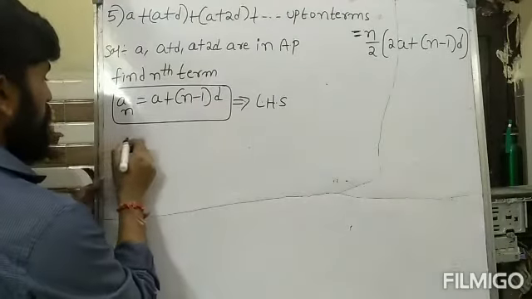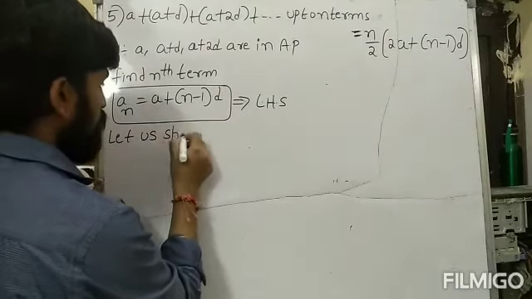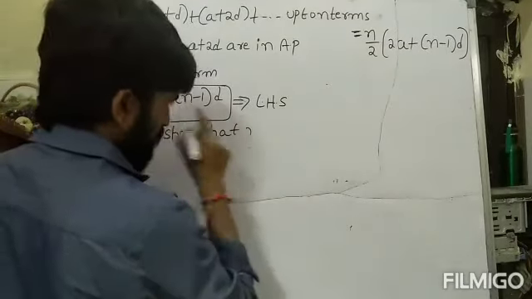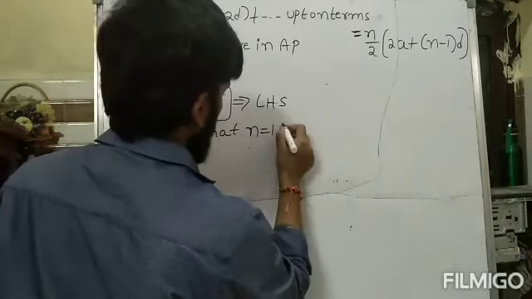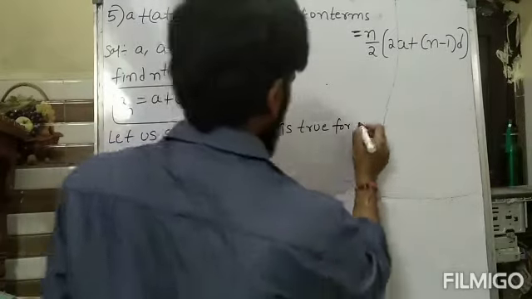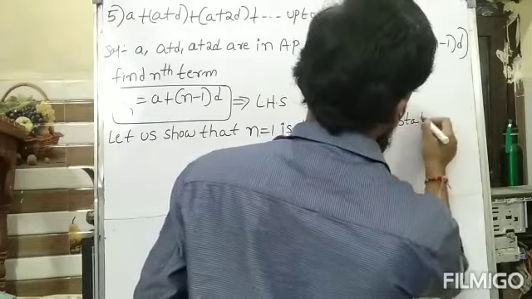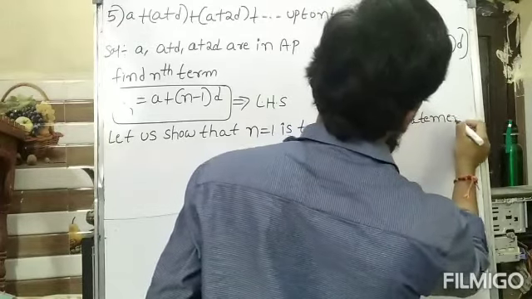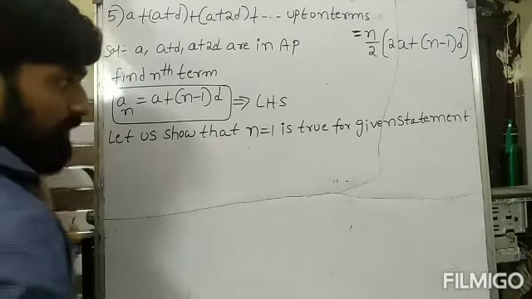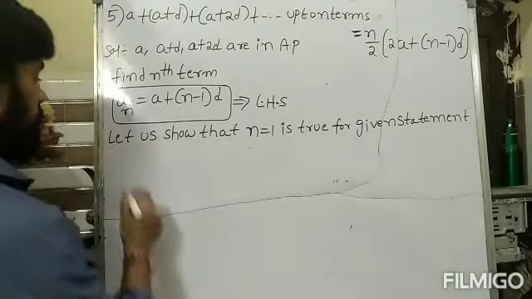Now step 1, what is that? Let us show that n equals 1 is true for the given statement. So what do we have to write now?